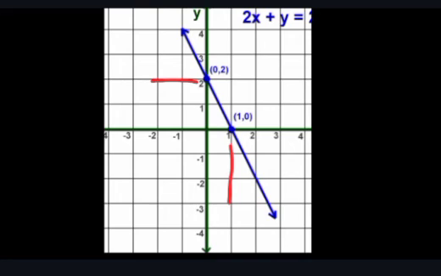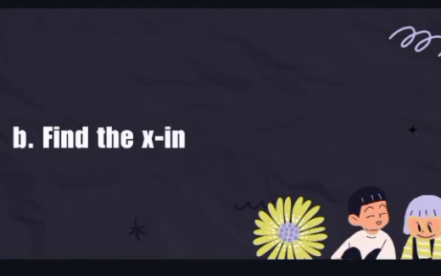When you mark out the spots, you use your ruler to connect the points. Now it is important to note that for this topic, if you are able to identify 2 points on the graph, that should be enough for you to have the straight line. So if you plot your graph correctly, you have your graph looking this way. And the next question says, find the x-intercept.